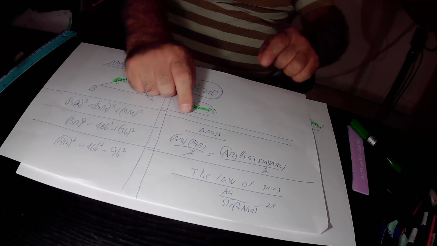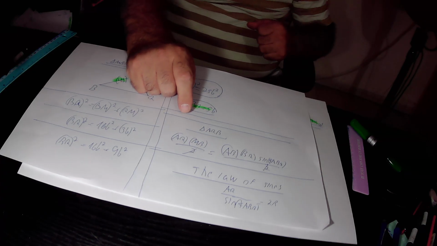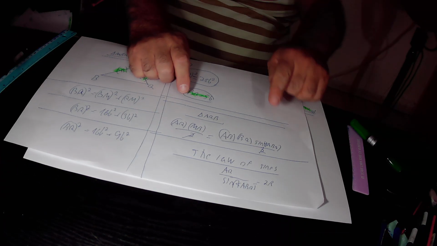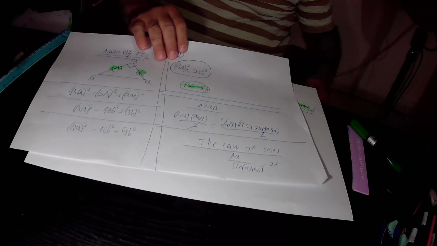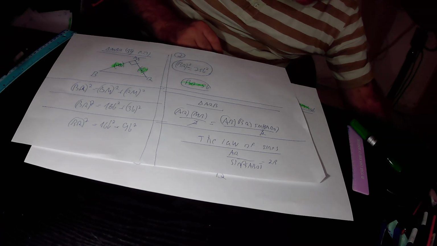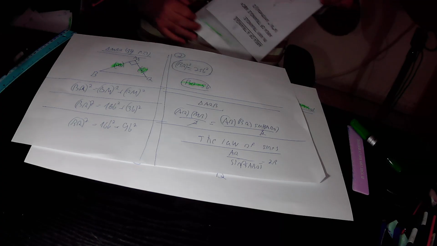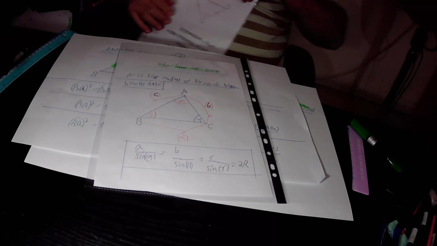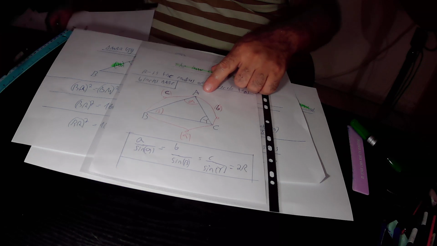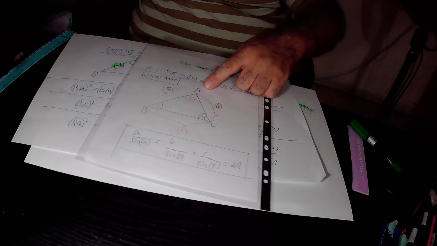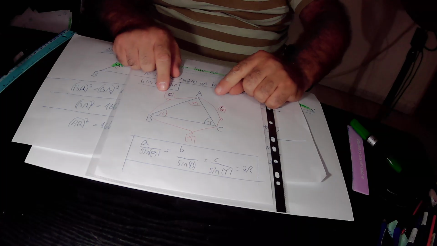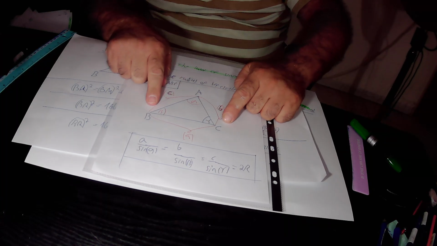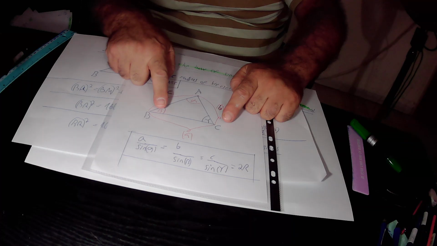Here we implement the law of sines in our drawing in order to find the value of sine ABQ. This is triangle ABC, which could be any triangle. In this triangle, side AB equals c, side AC equals b, and side BC equals a.